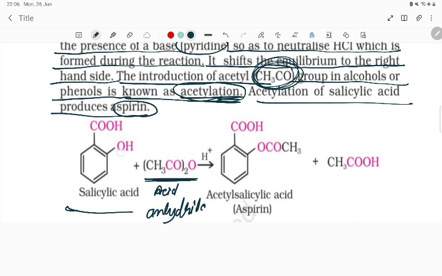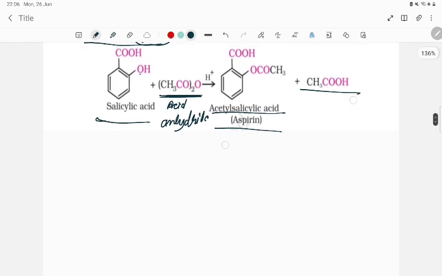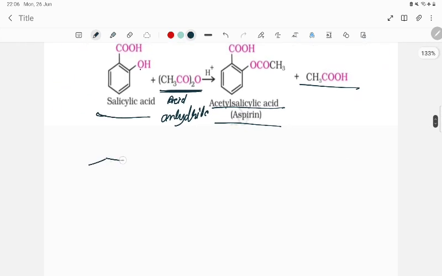What is going to be formed? This will give aspirin, acetyl salicylic acid, and acetic acid will form.